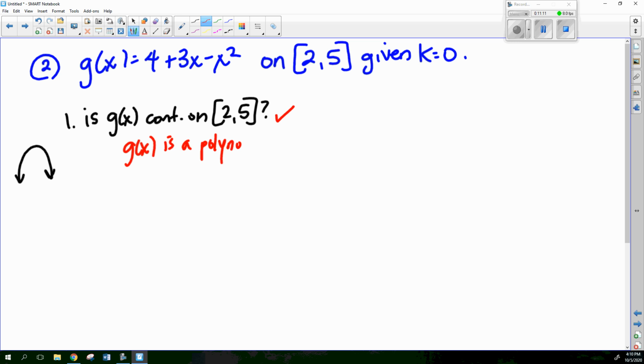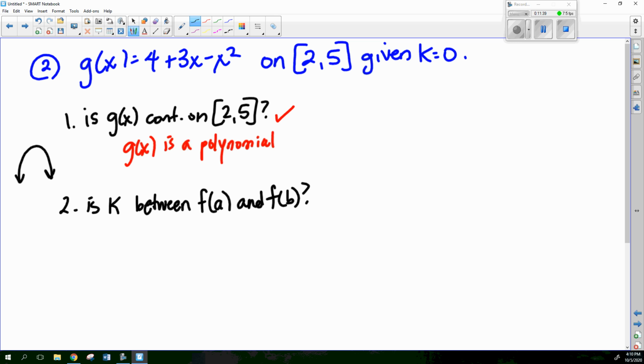All right, and that's continuous everywhere. Okay? So this time we got past step 1. So then step 2, or the second part to this, is to make sure that k is between f of a and f of b.